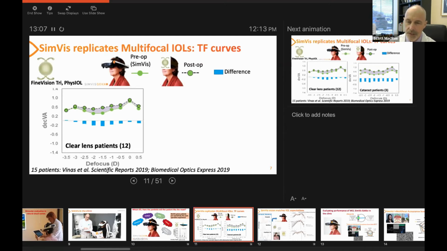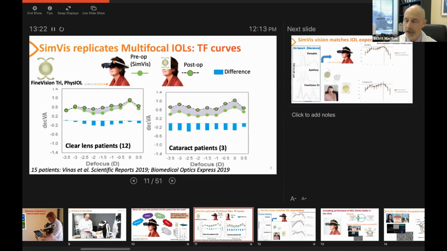And what you see is they actually perform a little bit better, as shown here on the dark dotted dashed line group. They actually perform slightly better with the FineVision trifocal.